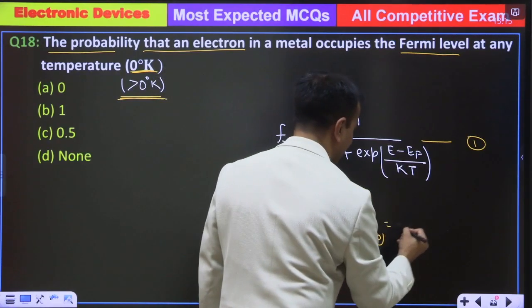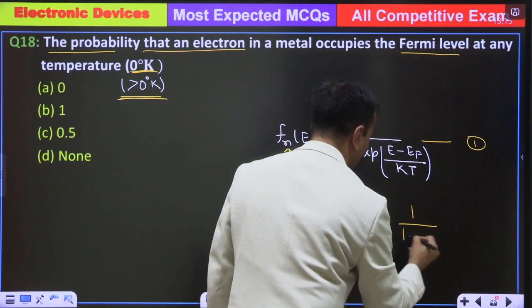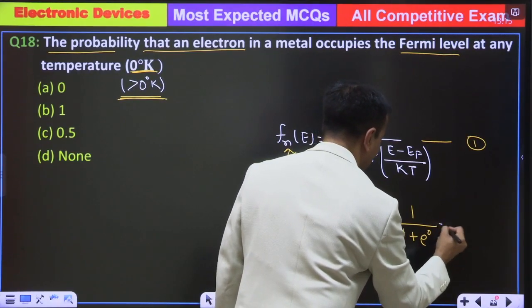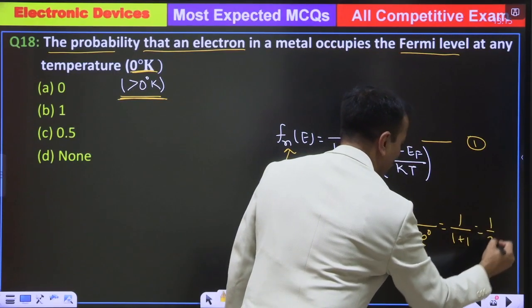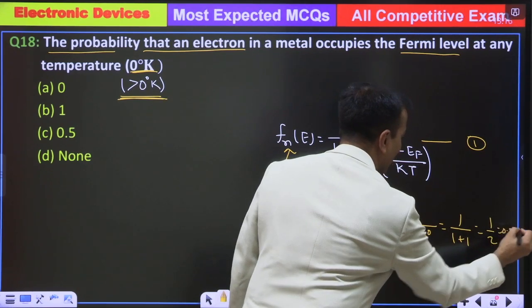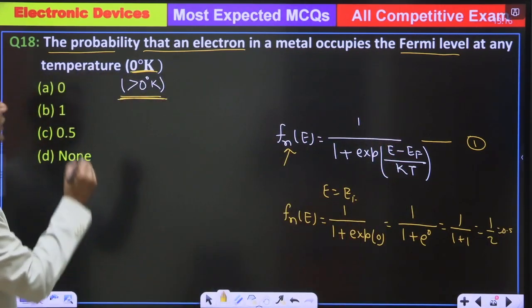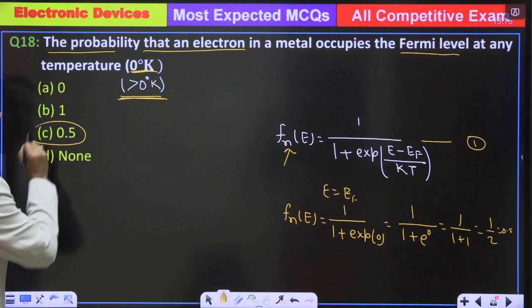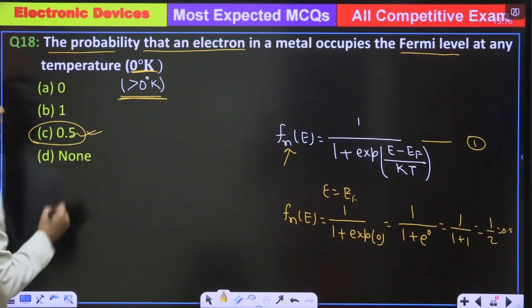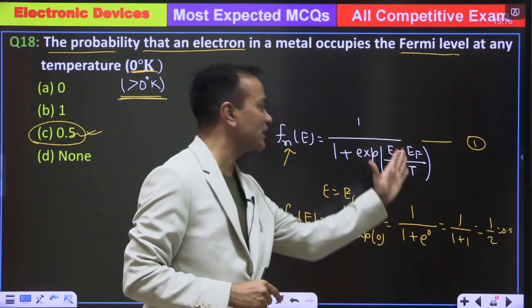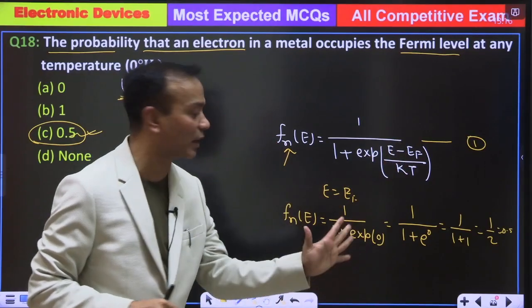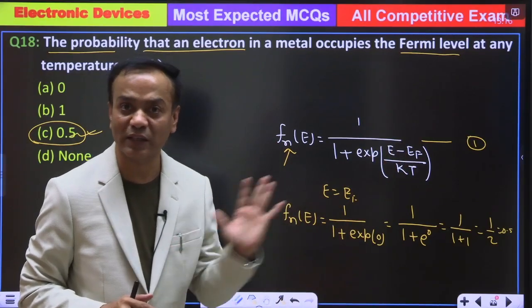So we can say 1 by 1 plus e to the power 0, it means 1 by 1 plus 1, it means 1 by 2, so that is simply 0.5. So here the answer for this question will be option C, 0.5 is the right answer. And you must note this Fermi-Dirac function formula to solve such kinds of questions.